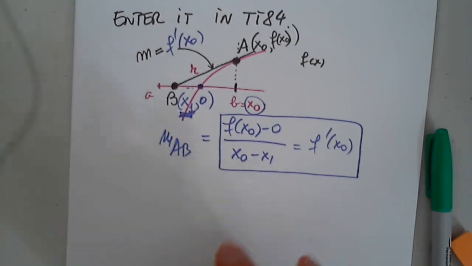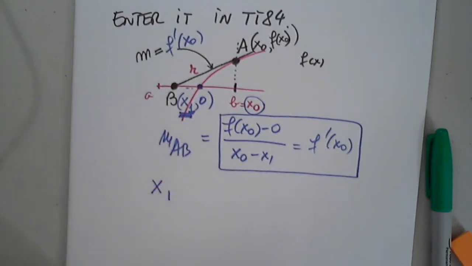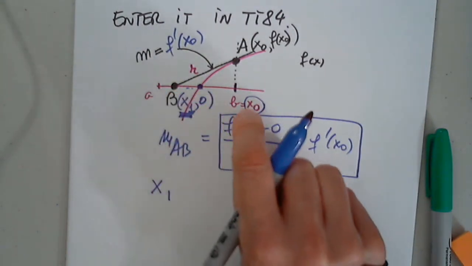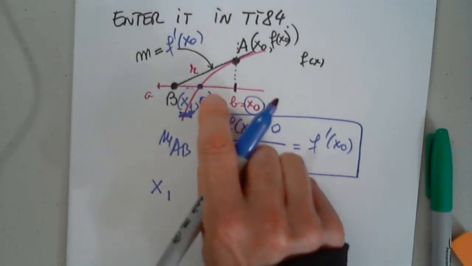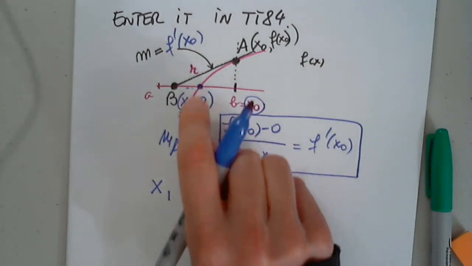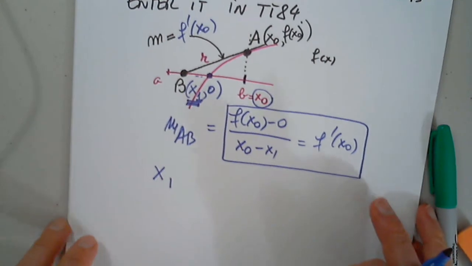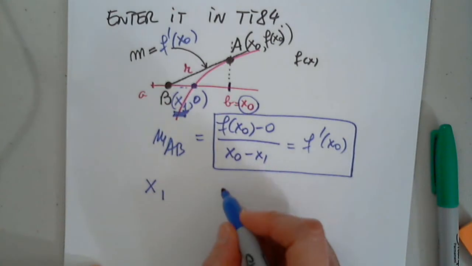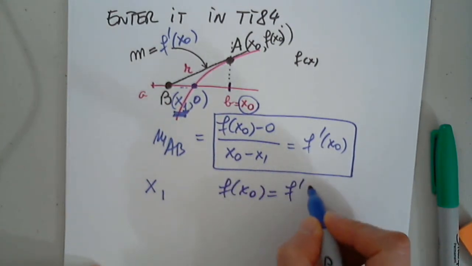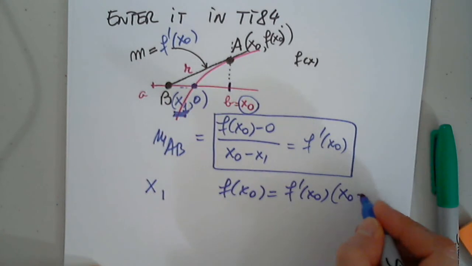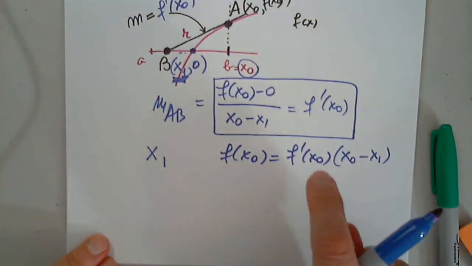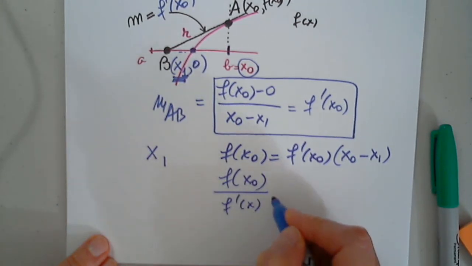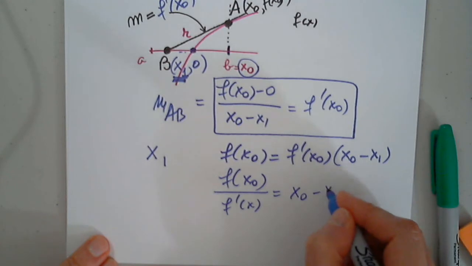Yes. So obviously what I'm after is x1. x1 is a better approximation of r than x0 was. So I'm interested in solving this equation for x1. That's my target. So I will cross multiply. I have f of x0 equals f prime of x0 times x0 minus x1. I will divide by f prime. So f of x0 over f prime of x0 equals x0 minus x1.